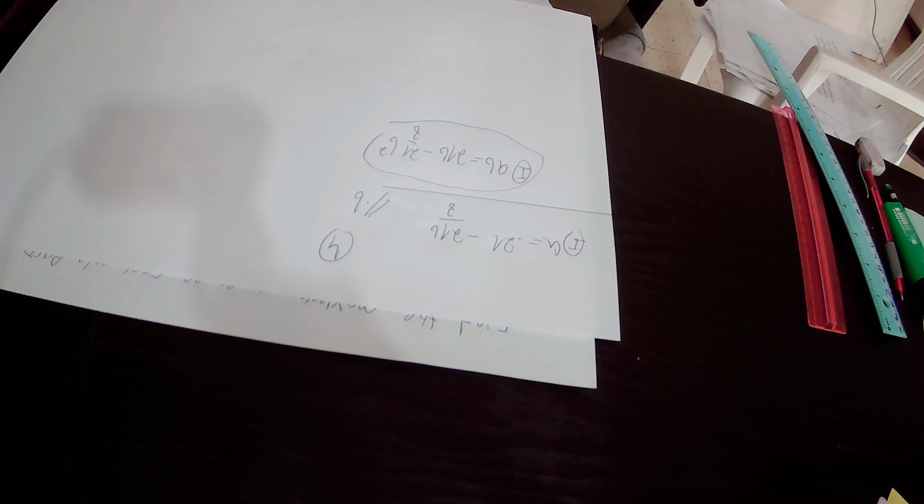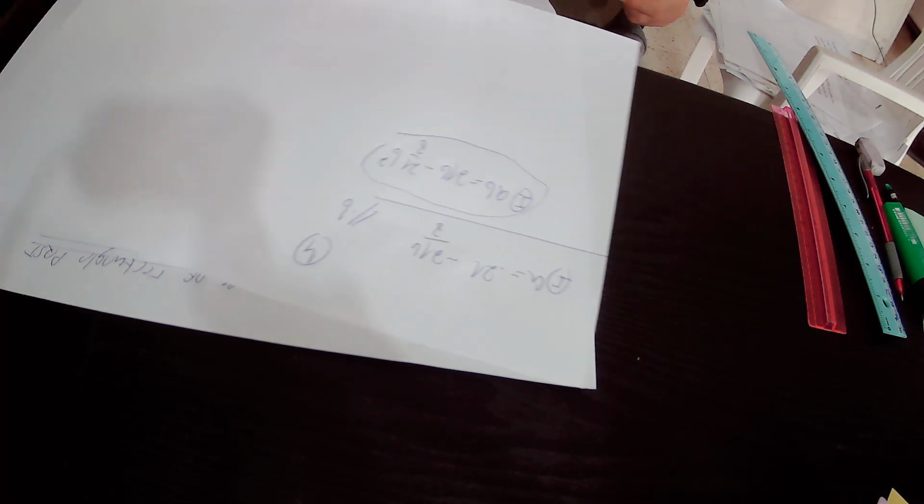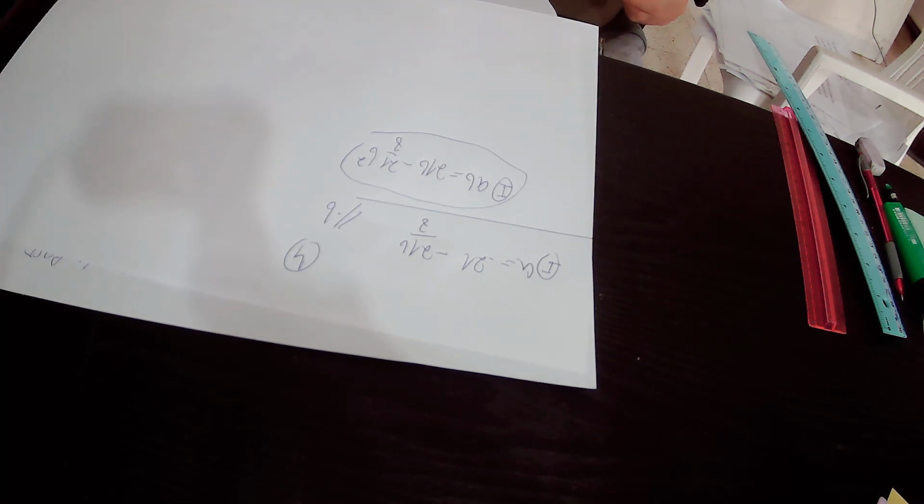Okay, our mission is to find the maximum area of this rectangle PQST. In order to find the maximum area of this rectangle PQST, we have to derive this equation according to the variable B, and we will equate the derivative to 0 in order to find the extreme point of this function.